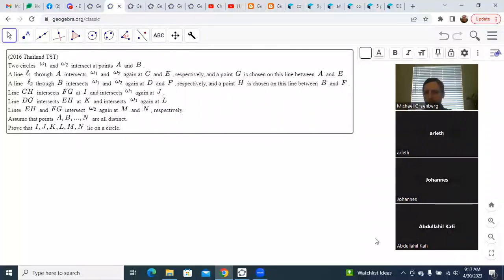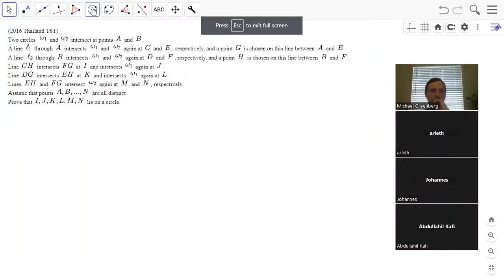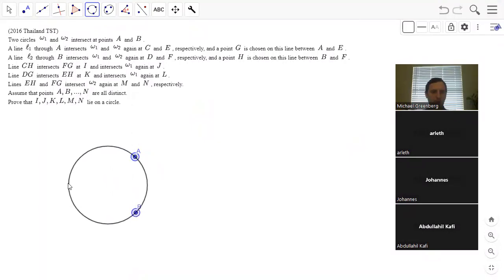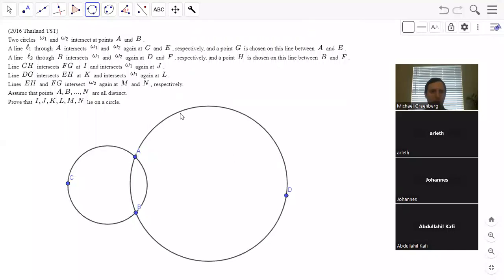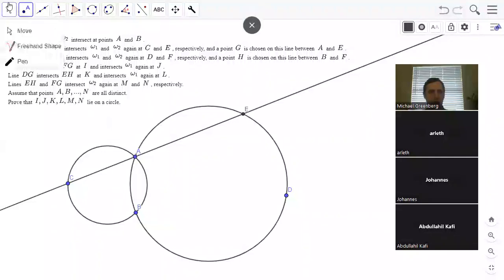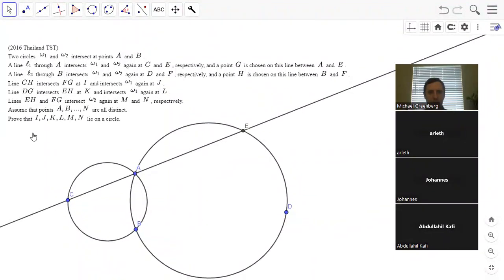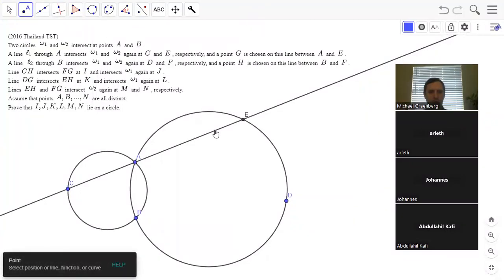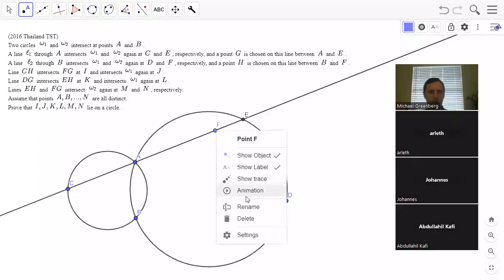All right, so this one looks kind of interesting. We have two circles intersecting at points A and B. Maybe I'll just do it like this. And then we have a line through A that intersects the circles at C and E. G is between A and E. So I guess there's a lot of flexibility in this kind of configuration.